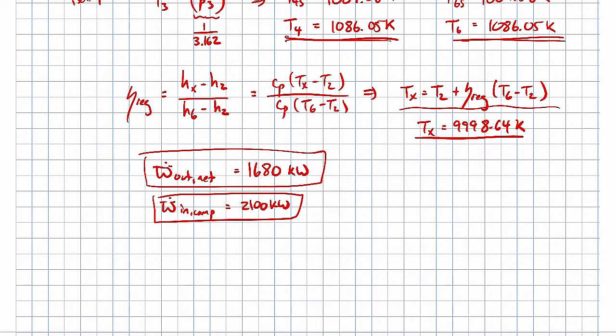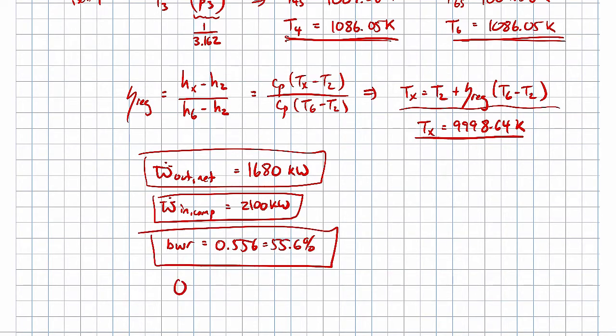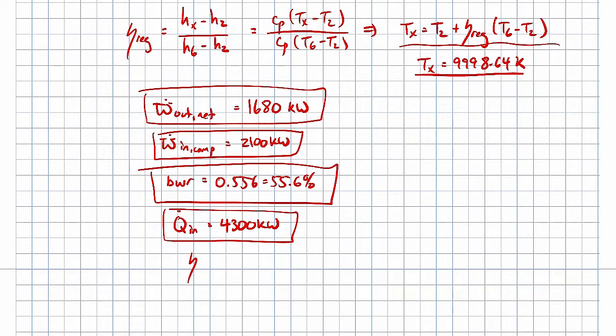So the back work ratio, when you work that number out, comes out to be 0.556 or 55.6%. The total heat in is 4300 kilowatts. And so the thermal efficiency of everything together comes out to be 39%.